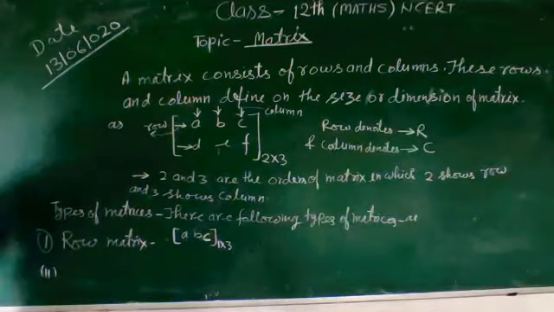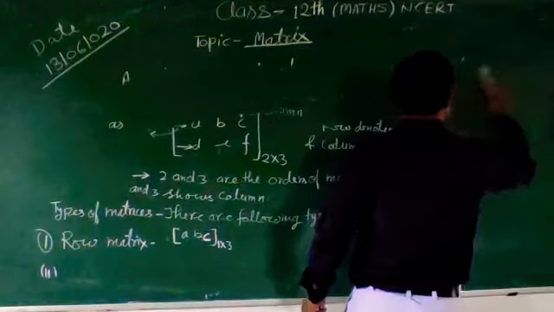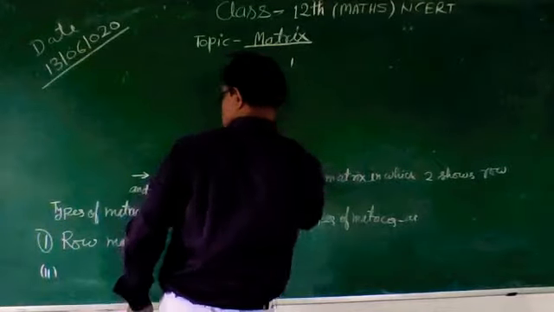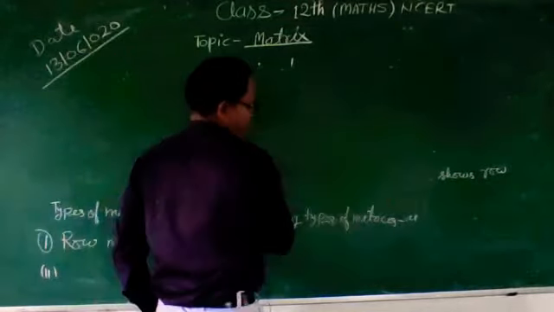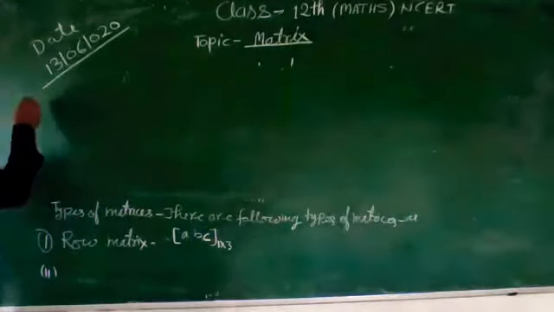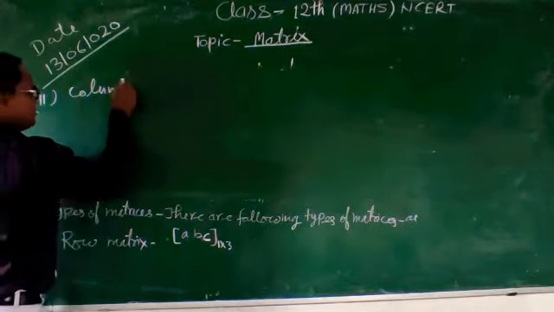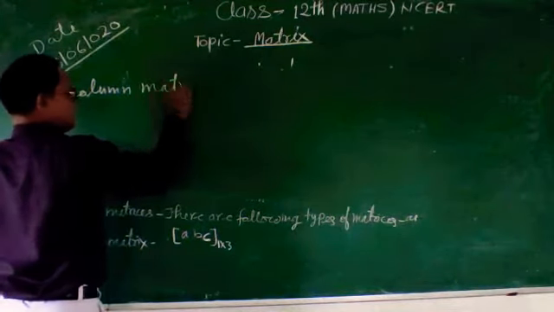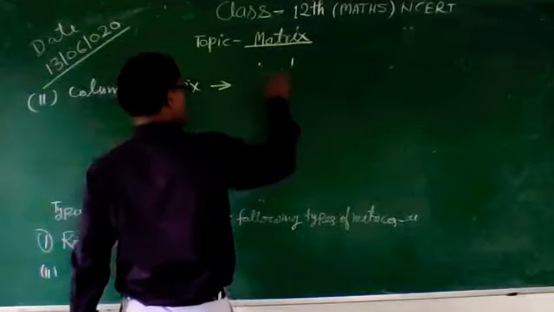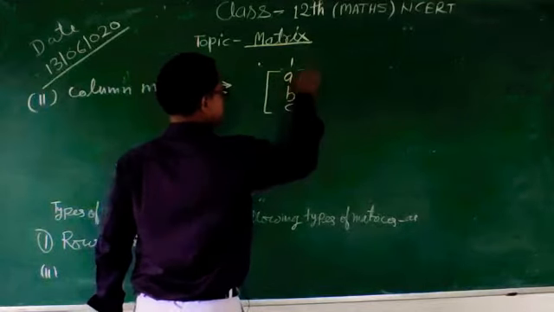Second, column matrix. The matrix is written with A, B, C in a column.